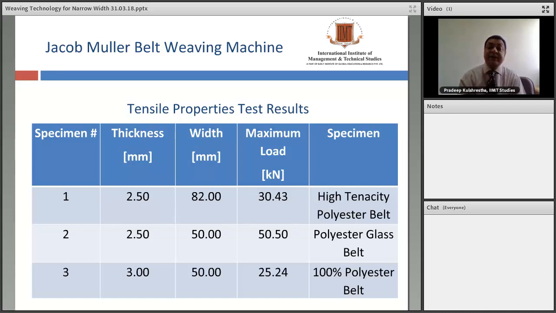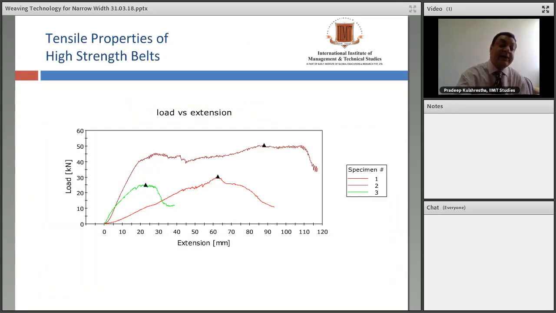Now, on the Jacob Muller belt weaving machine, if we see the graphical test by instant testing of the belt for strength, a high strength belt, we can see here.